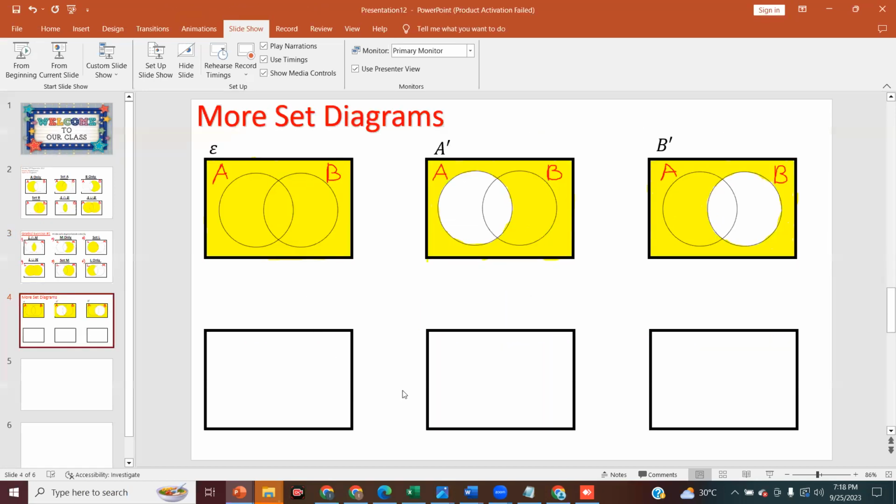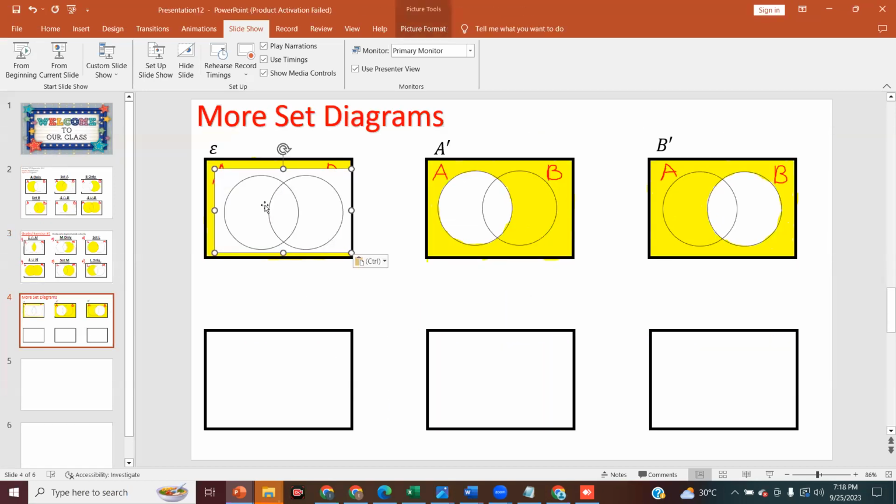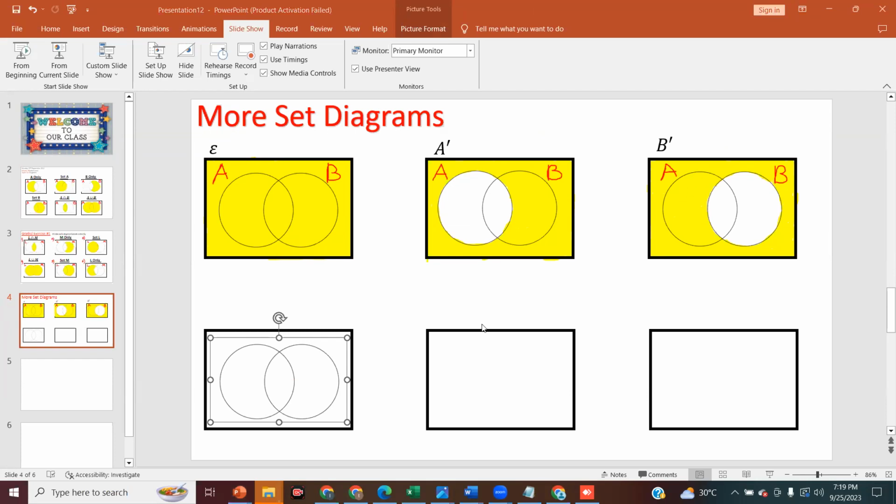Okay, let's move on to the next one. So for this one, we have the universal set, we have A complement, and we also have B complement. Now, for this one, you really have to pay close attention.